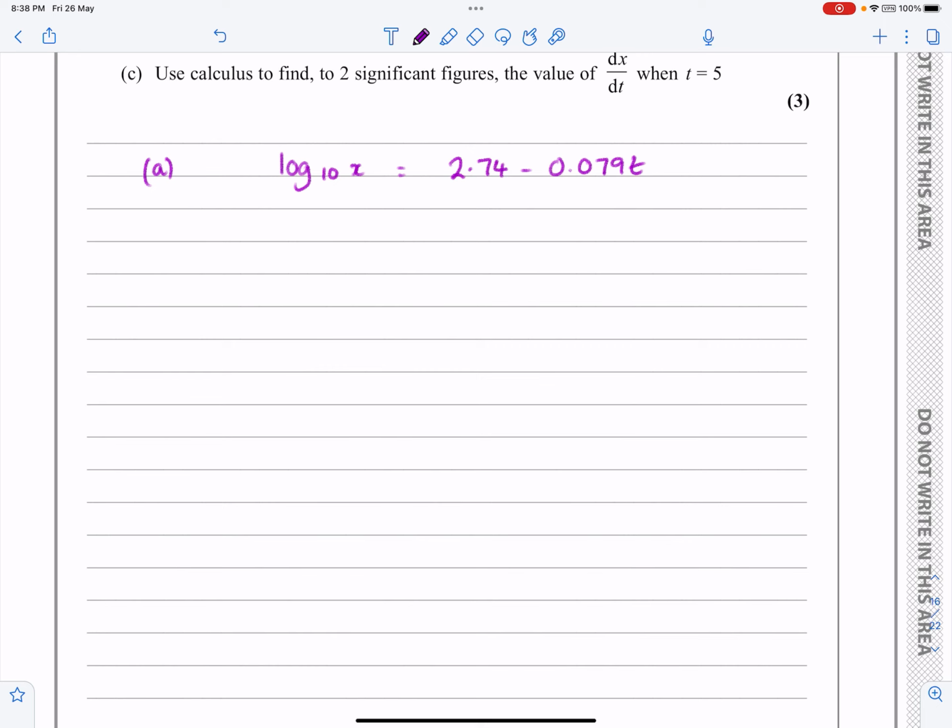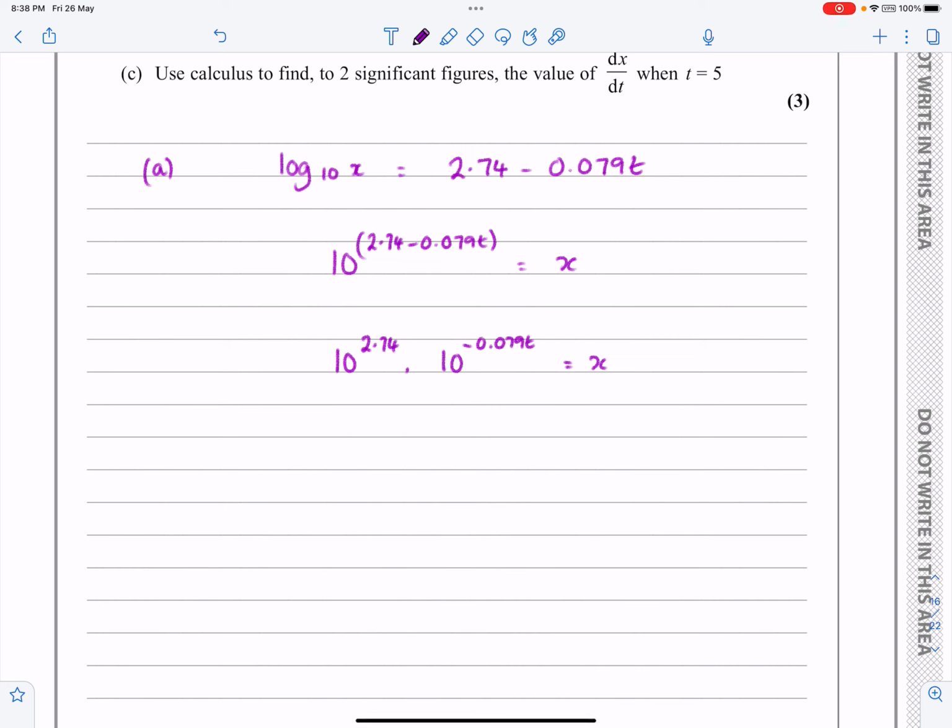That means that 10 to the power of this 2.74 minus 0.079t, put it in brackets there, that's all going to be equal to x. Now once we've got that, we can start using our indices laws to say that that's the same as 10 to the 2.74 multiplied by 10 to the minus 0.079t equals x.